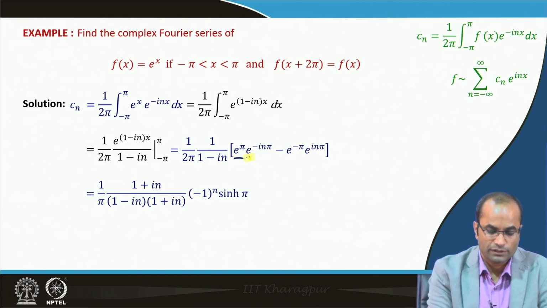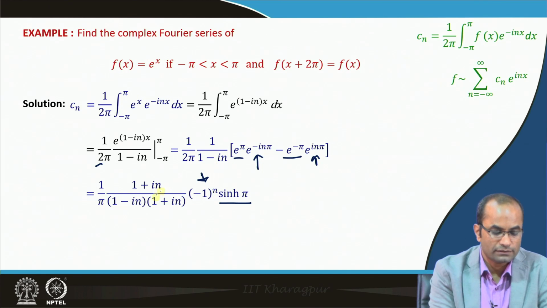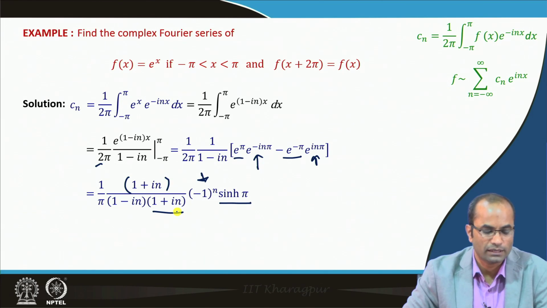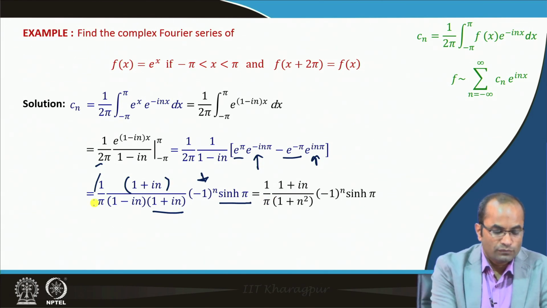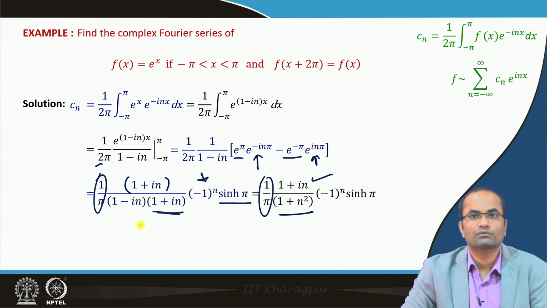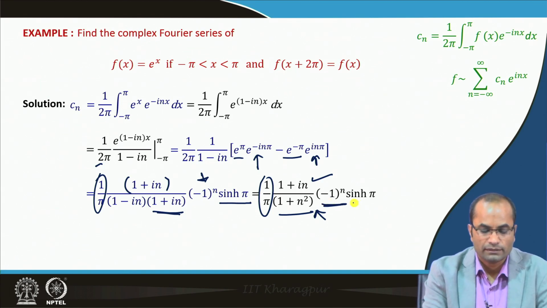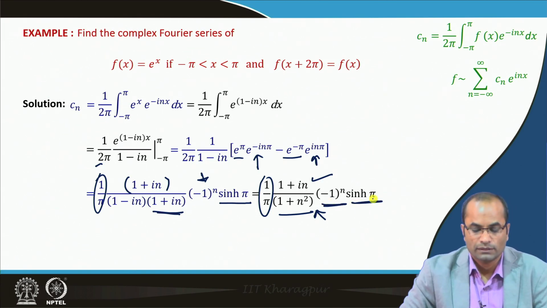So, this expression (e^pi minus e^(-pi)) divided by 2 is replaced with sinh. (-1)^n is for this e^(inpi), and then the rest we have multiplied by 1 plus in and also divided by 1 plus in, so 1 over pi times (1 plus in), and then here (1 minus in)(1 plus in). So, 1 minus i squared n squared, that is 1 plus n squared, and (-1)^n, and then we have sinh pi.